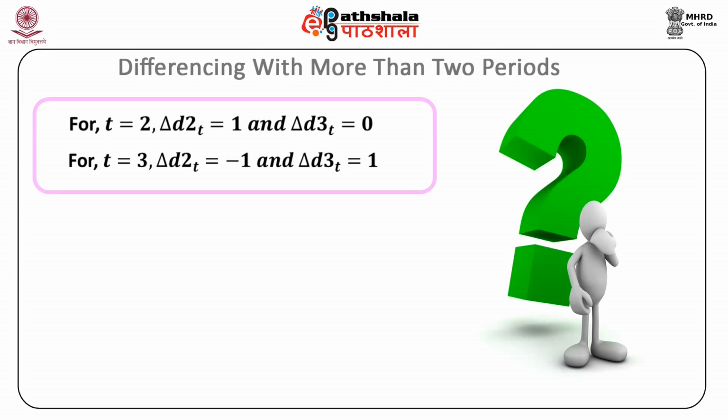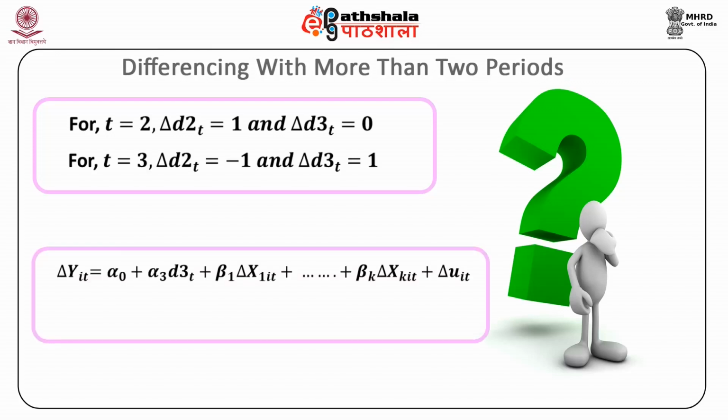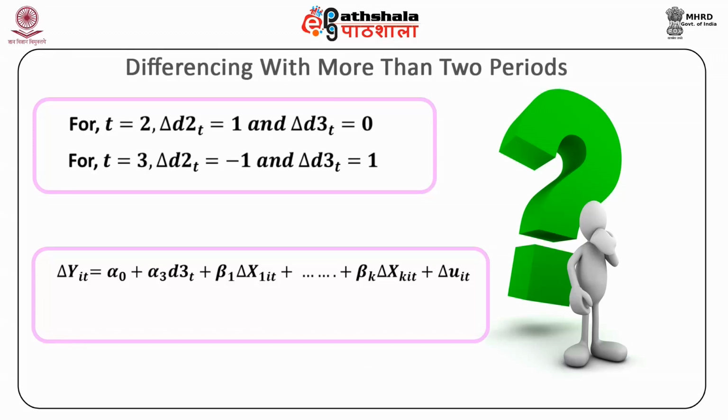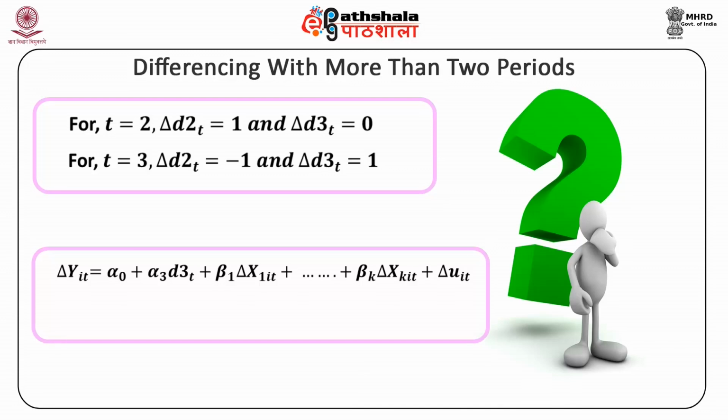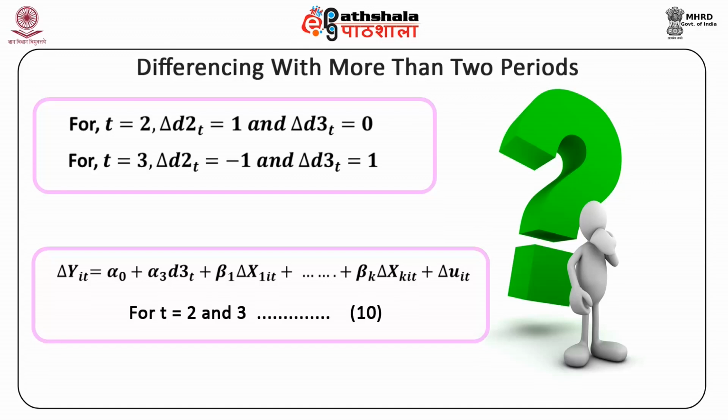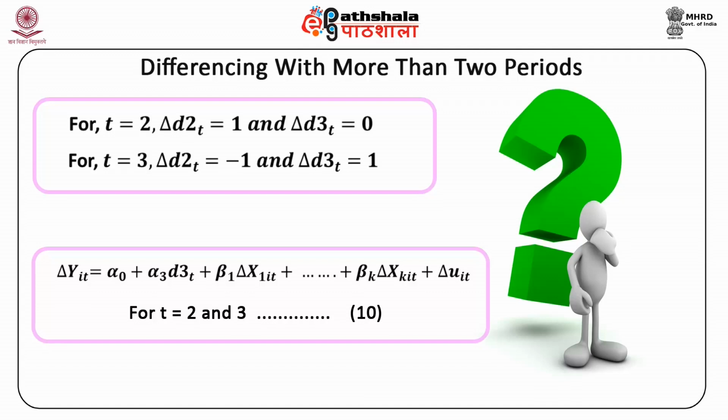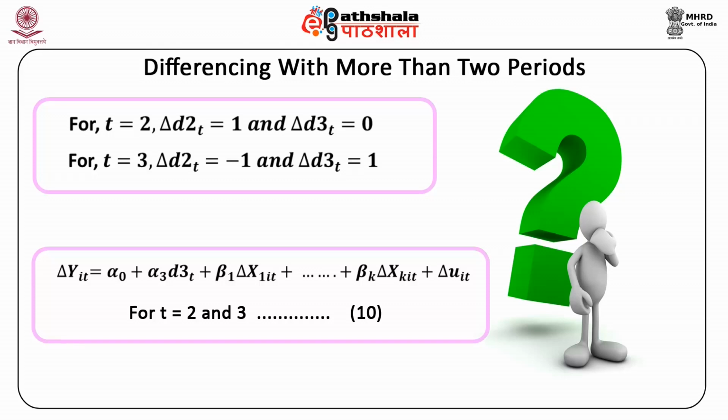Usually for third period, the model will be like this, where we have delta y_it equal to alpha 0 plus alpha 3 d3_t plus beta 1 delta x1_it plus so on up to beta k into delta xk_it plus delta u_it for t equal to 2 and 3. This is our equation 10. Similar exercise can be done for the case when time period is more than 3.